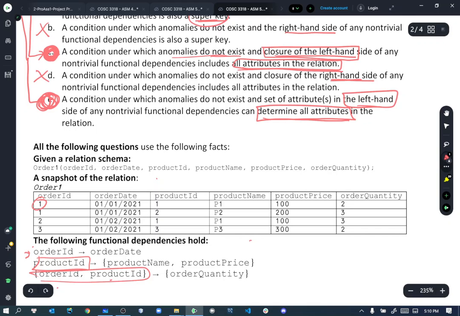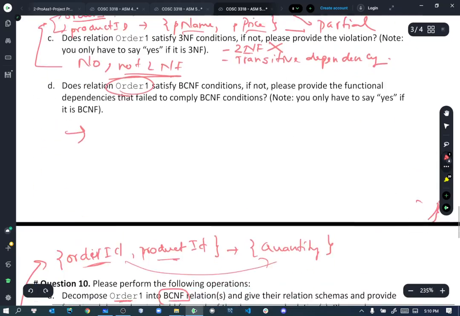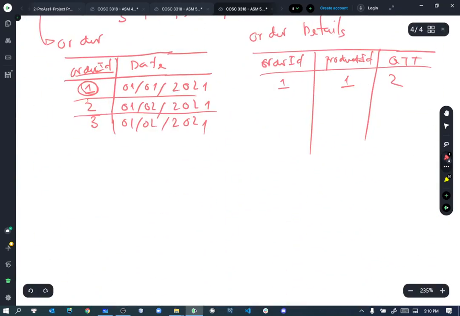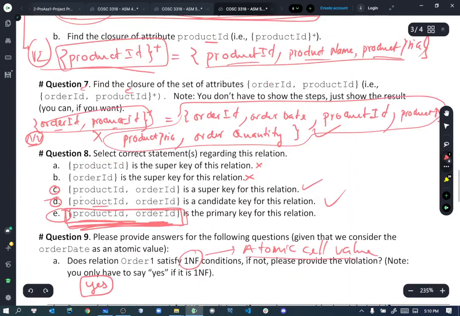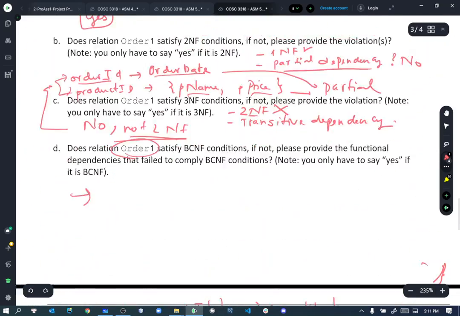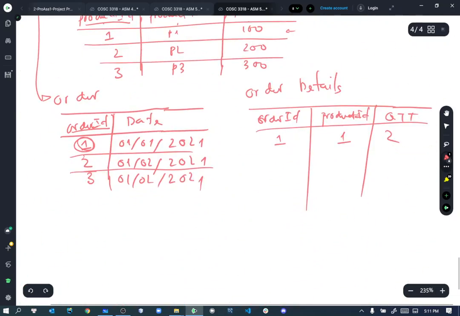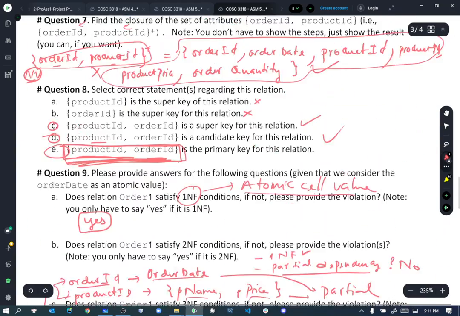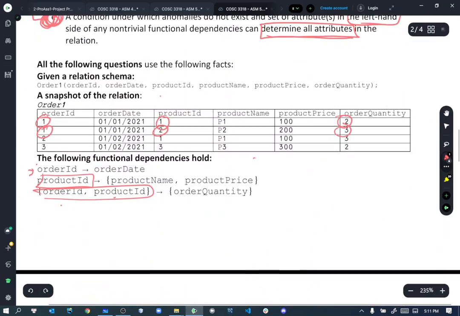For order number 1, product number 1, they buy 2. For order number 1, product number 2, they buy 3.